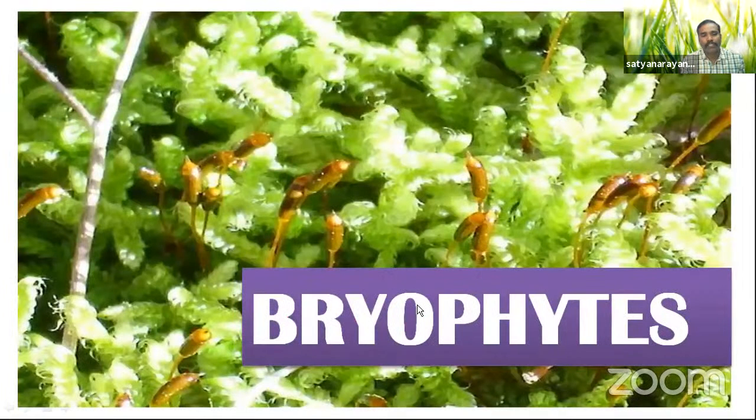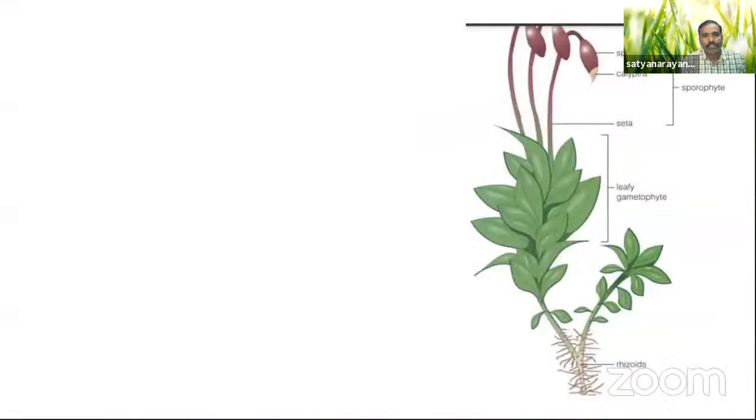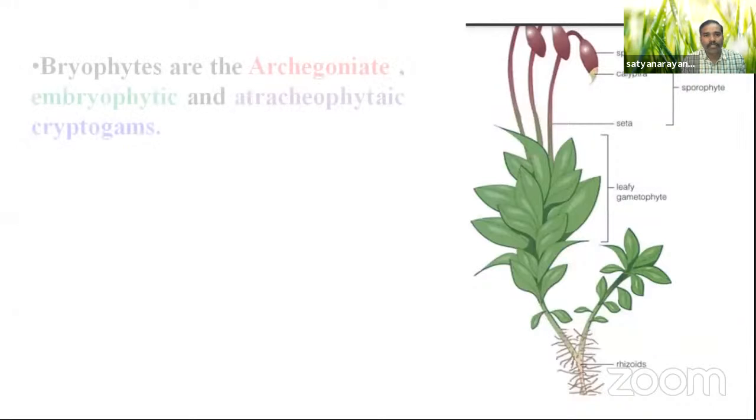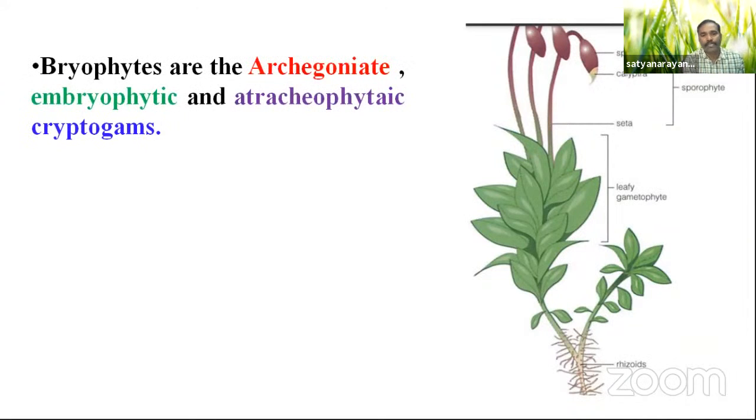Let us see the bryophytes. If we see their general characters, the plant body is called a thallus. They are archegoniates, that means the sexual reproductive organs are archegonium and antheridium. These are the first embryophytic plants, so pteridophyta, gymnosperms, and angiosperms also have the embryo.